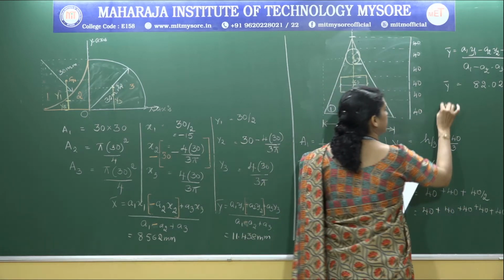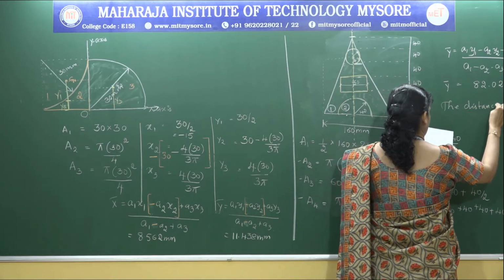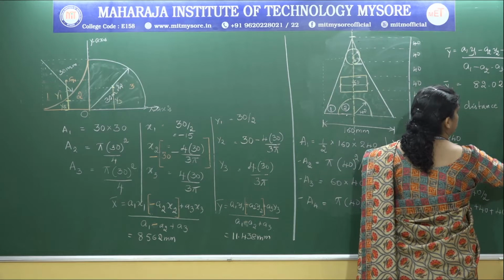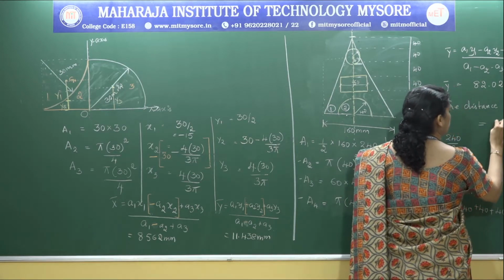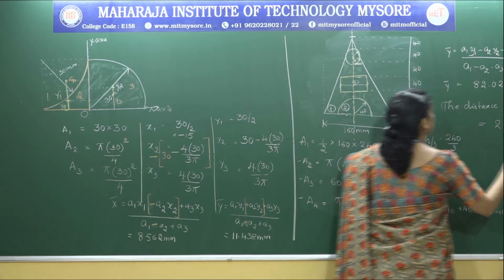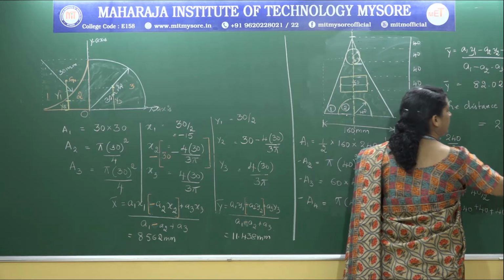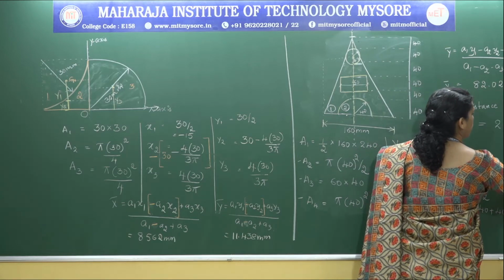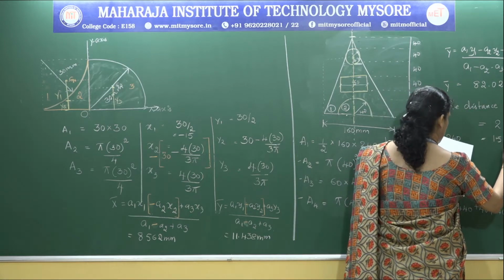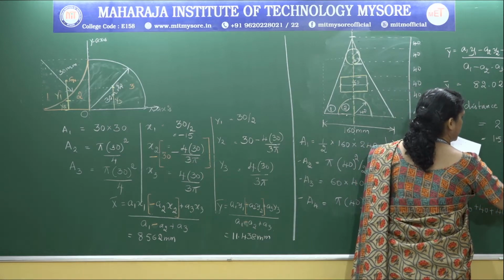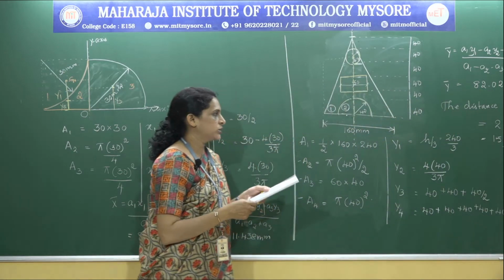Therefore, the distance from the apex is equal to 240, the overall height, minus y bar, that is 82.02. We get 157.98 millimeter. Here it goes.